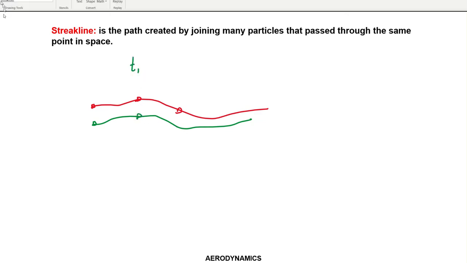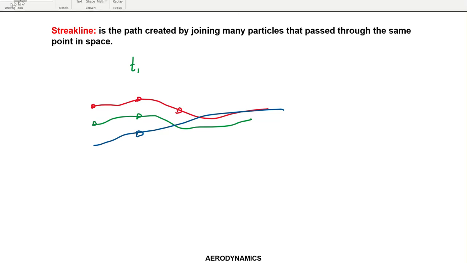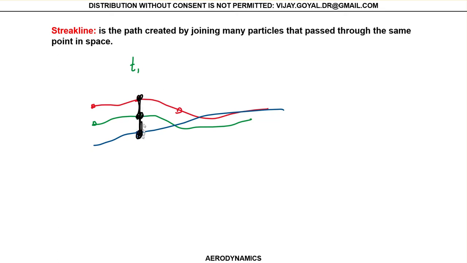I have another particle that's maybe doing something like this. And so the streak line is all the particles that have passed through the same spot. I could say the streak line will look something like from here to here to here, because at time 1, this is where the particles have moved from. It's a streak. They're leaving like a trace that will go from this point to this point to this point. So it's the likelihood of the particles moving across that line. That's the way we can see it.